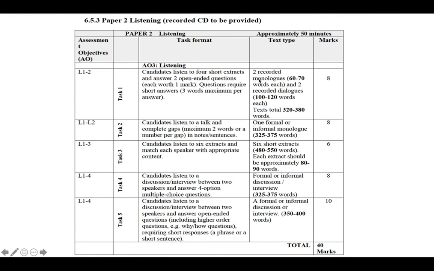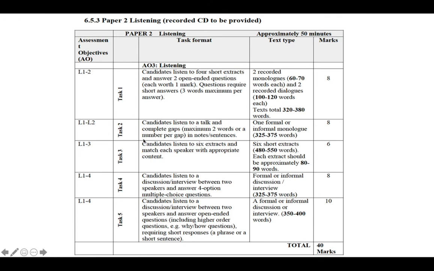It's 2 recorded monologues, which are about 60 to 70 words each, and then 2 recorded dialogues, which are about 100 to 120 words. And the text total for this task is about 320 to 380 words. So that's what they will listen to, and this first task is worth 8 marks.